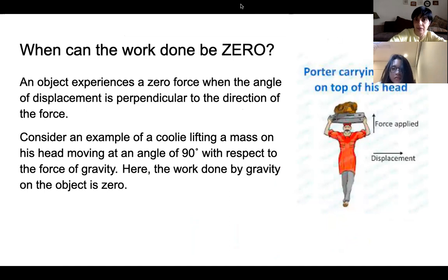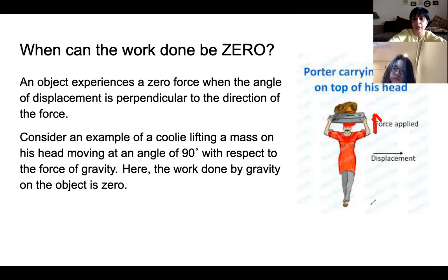Okay. He's got this luggage here. Now, he's lifting the luggage to keep it here. So the force applied is in which direction? Upwards. The force is being applied in the upward direction.